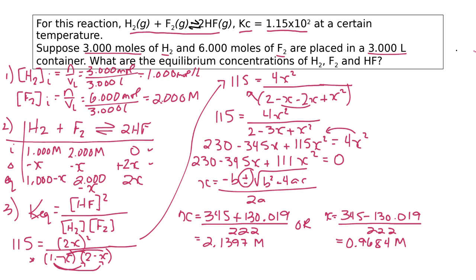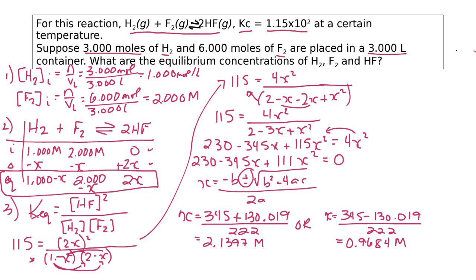So once you solve for both of your x terms, again, keeping in mind that there's a plus or minus in the middle of that quadratic formula, you're going to have 2 values here and you're going to say to yourself, which one do I need to use? Well, you have to go back to the ice chart and take a look at the equilibrium line in your ice chart. And remember that this x term is the change in concentration over time.